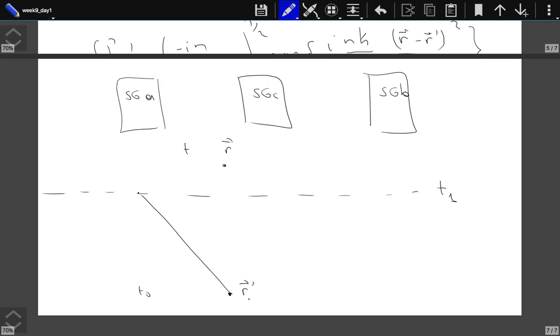So I should talk about the amplitude that it will move to this point, and then from this point it can move to R. Or I start from R' at the time T0, it can reach this other point at T1, and then from that point it propagates to R. At the time T, it has reached my final point R. The total amplitude that it will go from R' at the time T0 to R at the time T is just the sum of all these amplitudes.